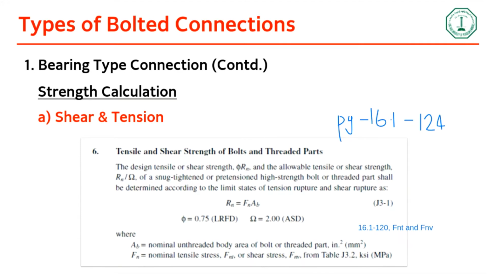You can see that A325X has a slightly higher Fnv value compared to A325N. The Fnv value for A325X is 68, while the value of Fnv for A325N is 54.